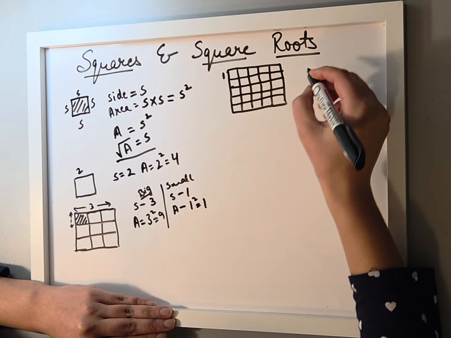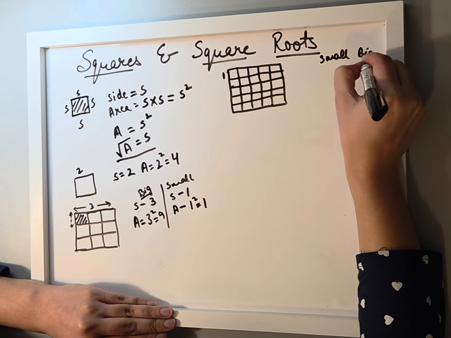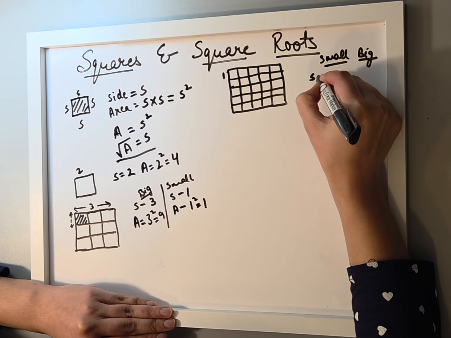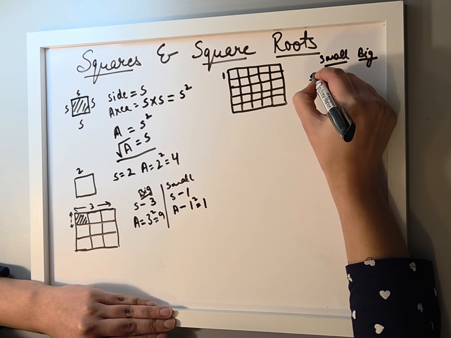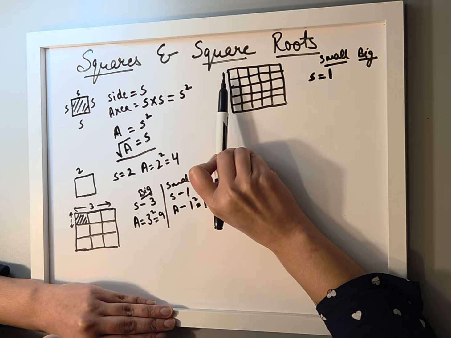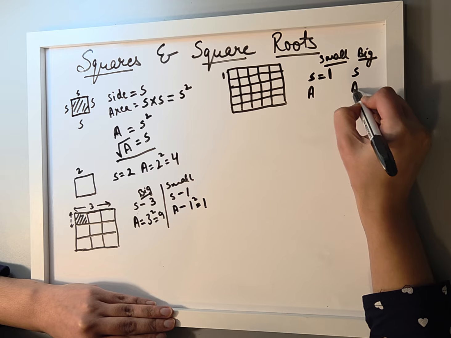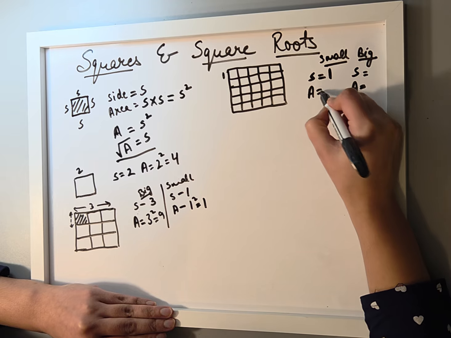That the side of one small square is 1. And we have to find the side of the big square and the area of both the squares.